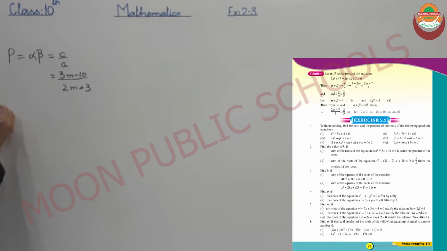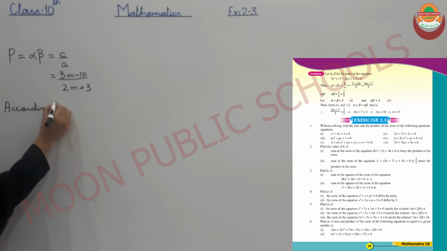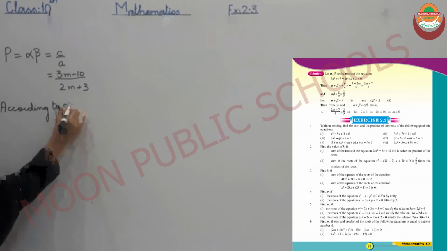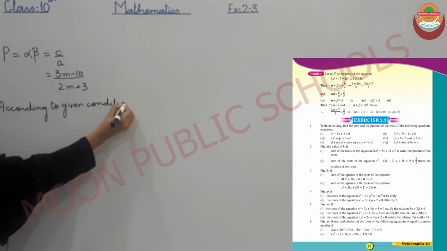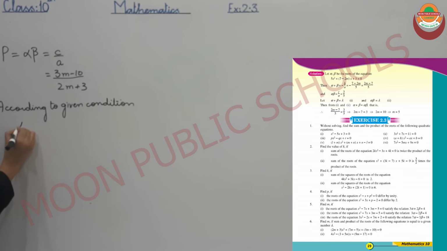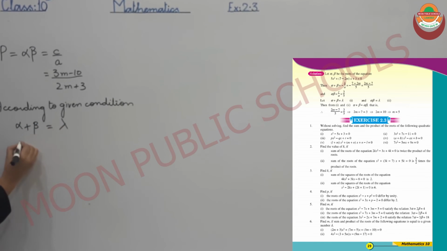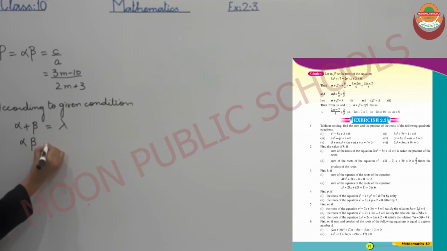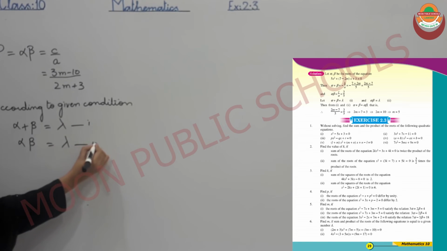So according to the given condition, sum of roots alpha plus beta equals a given number lambda and the product of roots alpha beta equals a given number lambda. This is equation 1 and this is equation 2.